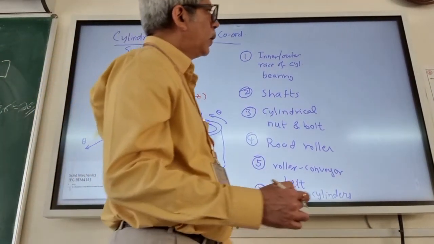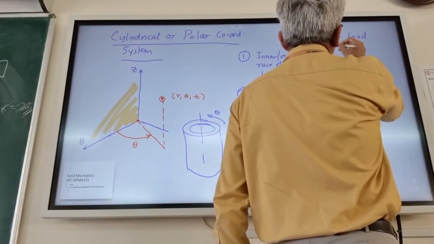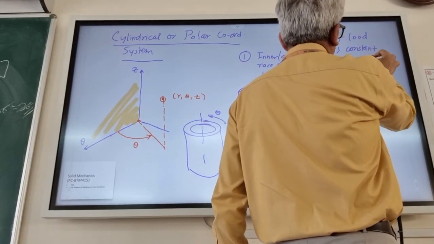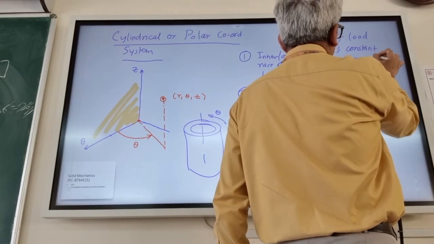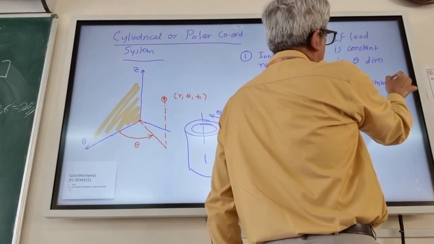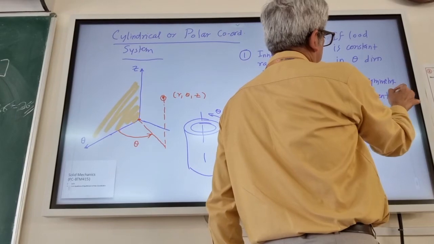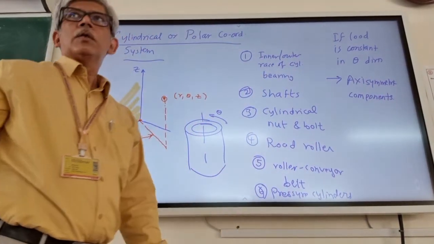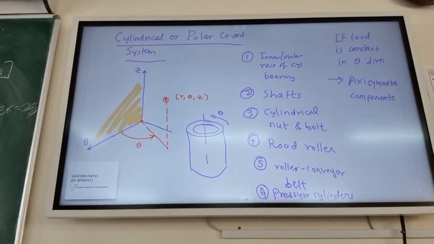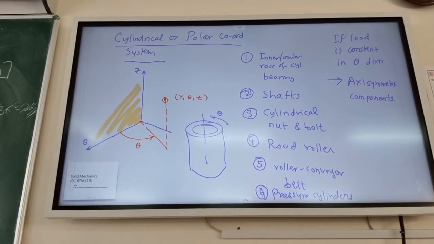If the load is constant in the theta direction, these components are called axisymmetric components. Our discussion in this particular course will be with respect to these axisymmetric components. We will be discussing the theory of axisymmetric components.